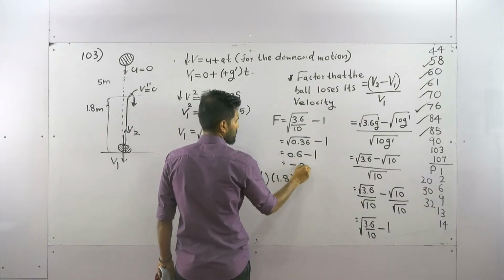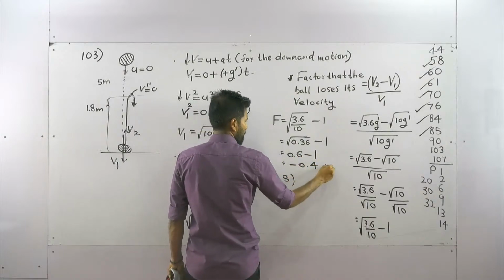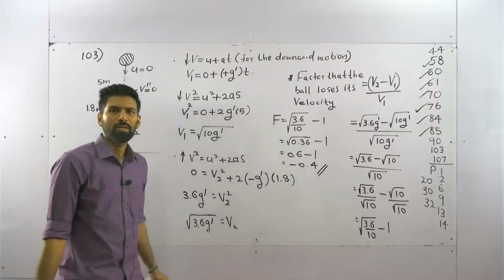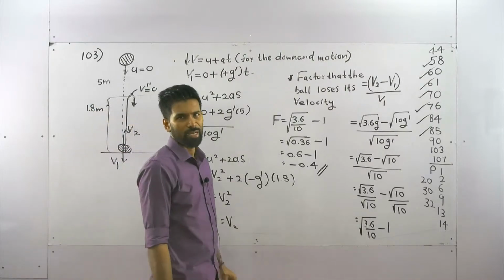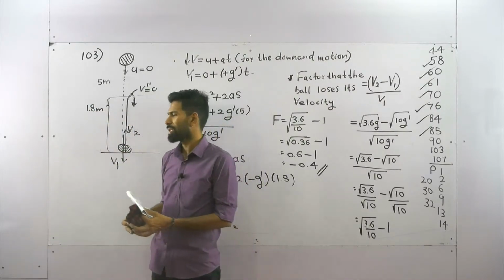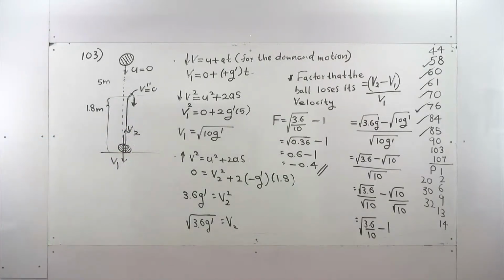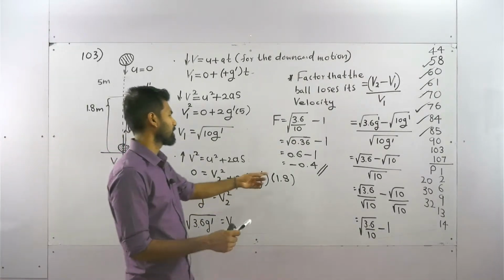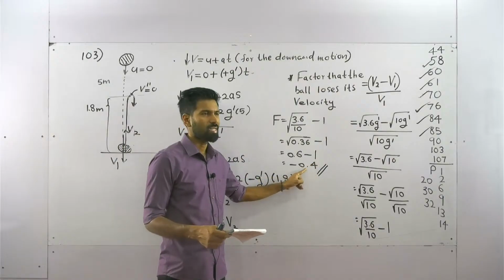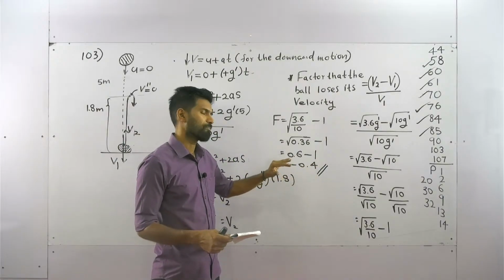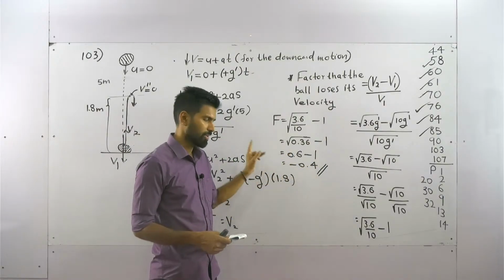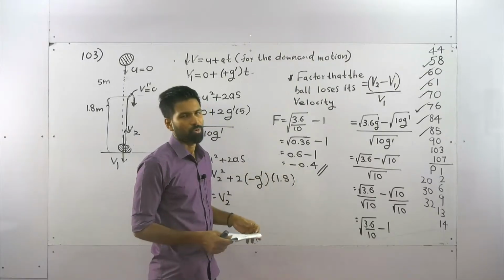So it's minus 0.4. Minus means the velocity has reduced. You know that, due to the energy loss, velocity is reduced. The factor that the velocity reduces is equal to 0.4. The minus hints that the velocity value will reduce. Yeah, we know that. And the factor is 0.4.